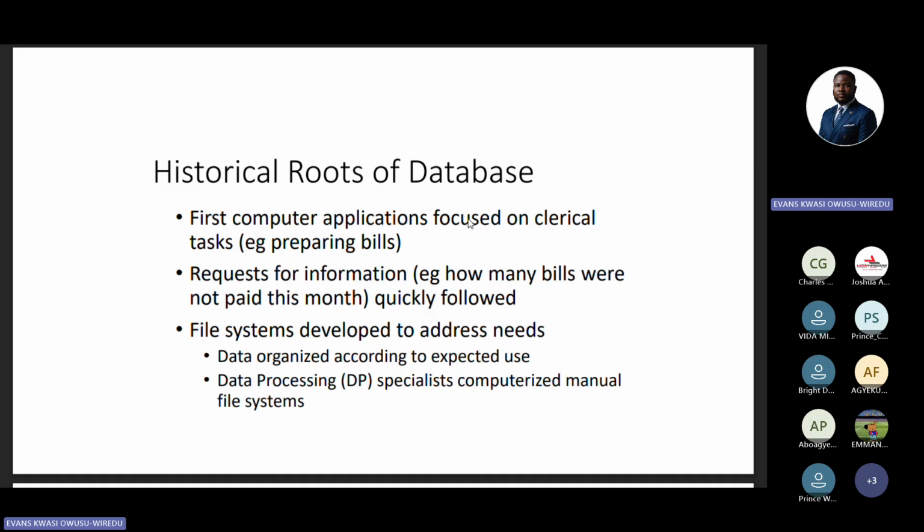So then it came to the file system, where it was centralized on one side only, where, as I explained, each department will have its own system. So data organized according to expected use, data processing specialists, computerized manual file systems. So they basically evolved into the file system.